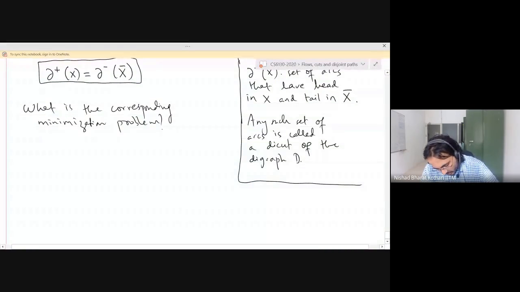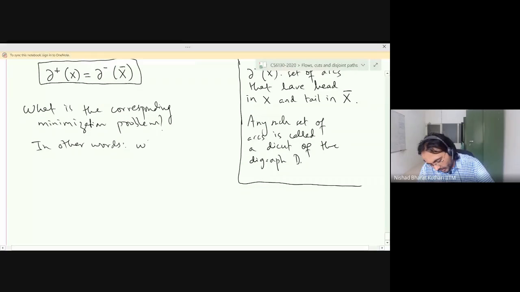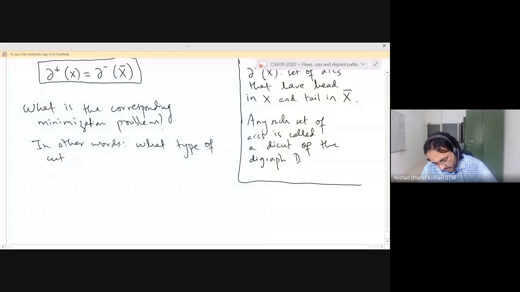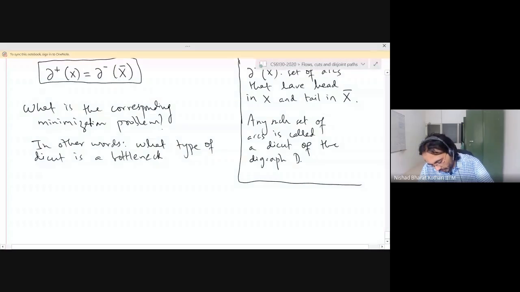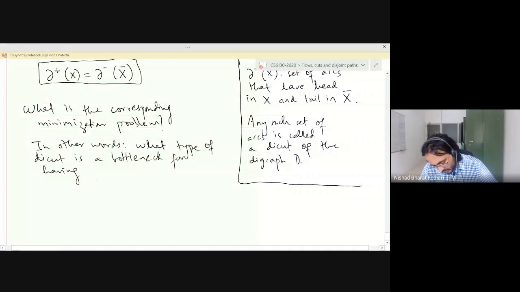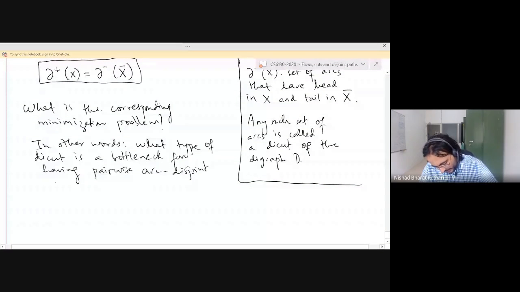In other words, what type of dicut is a bottleneck for having pairwise arc disjoint st dipaths?